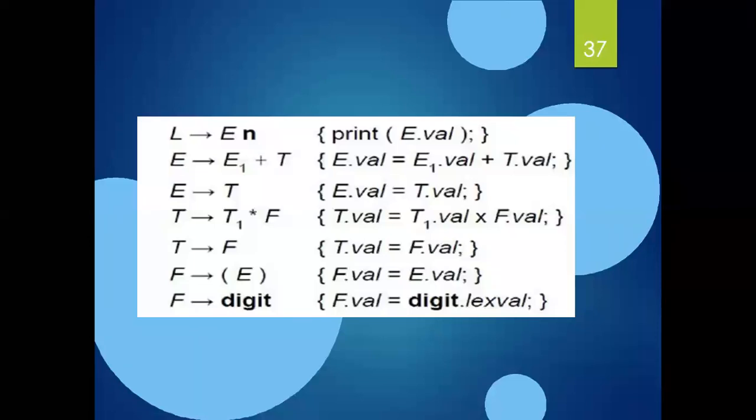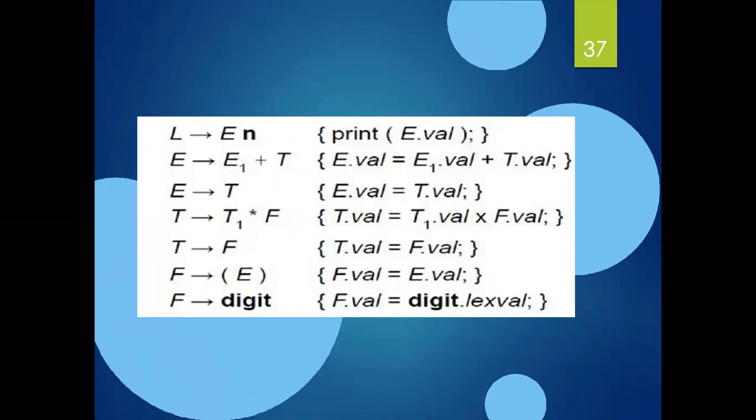Previously, in synthesized and inherited attributes, we didn't represent braces. Make a note of this. There are no brace representations. When we are writing the semantic actions for the synthesized and the inherited, we are not using braces there. And here we are using braces. What it means is whatever action we perform is enclosed in braces when we are processing the translation schemes, right?